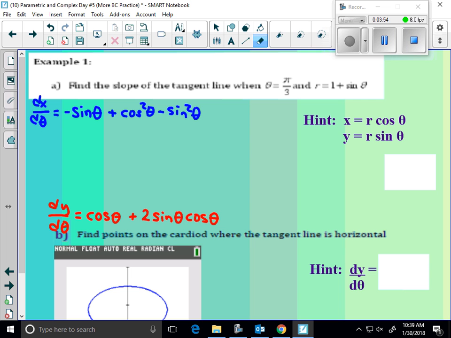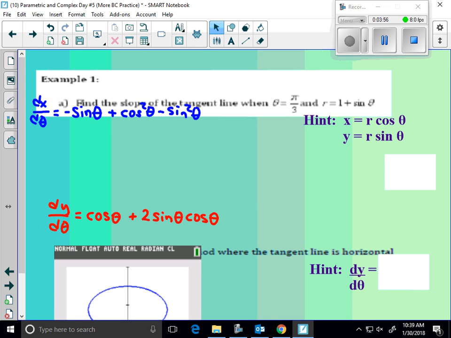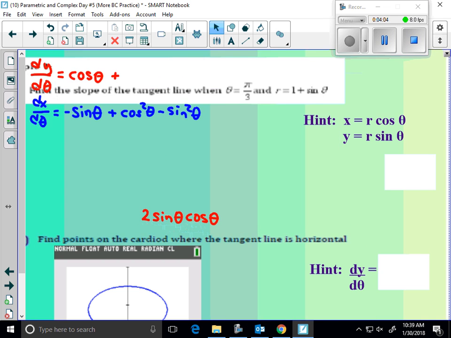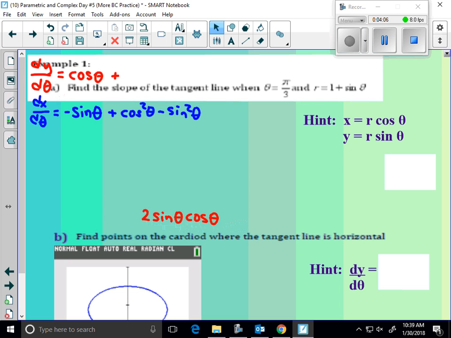Now, if I want the slope of this polar curve at pi over 3, I'm going to take dy d theta over dx d theta, which will give me what? dy dx.